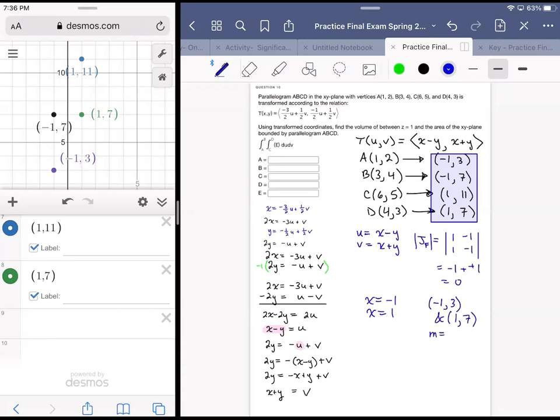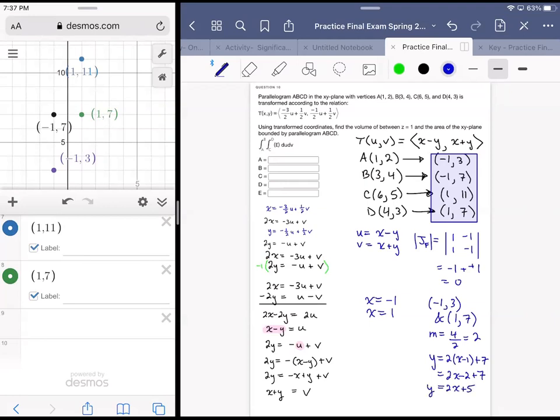So the slope there would be 4 over 1 minus -1, which is 2, so slope of 2. But you could also count boxes, rise over run. So y equals 2 times (x minus 1) plus 7. 2x minus 2 plus 7 is 2x plus 5.